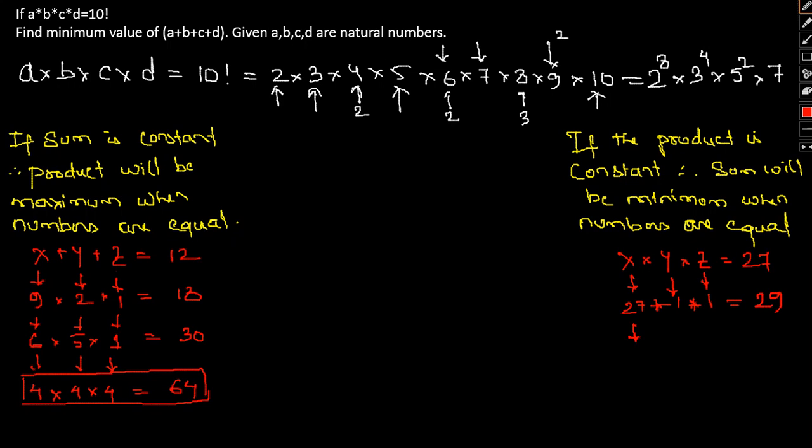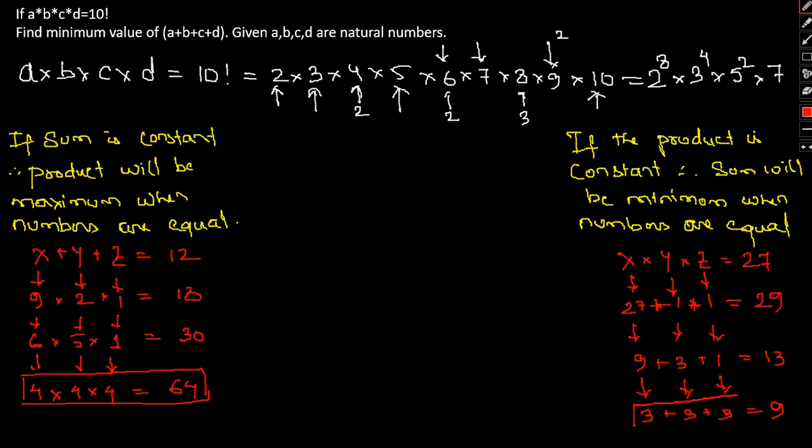Again, if I take another value, say 9, 3 and 1, if we add the same, we get 13. Okay. And now if we take three equal values, that is say 3, 3 and 3, and we add the same, we get the least sum, that is 9.